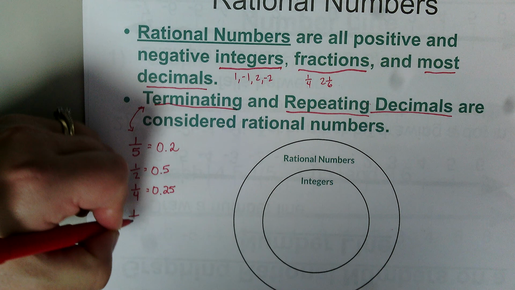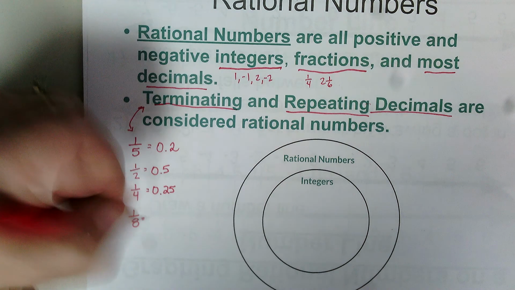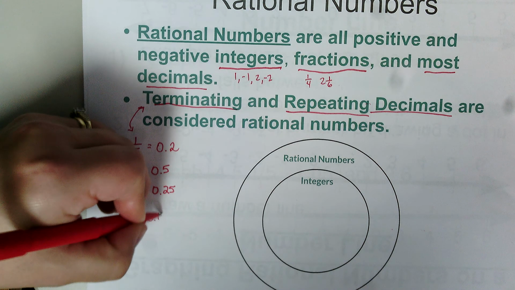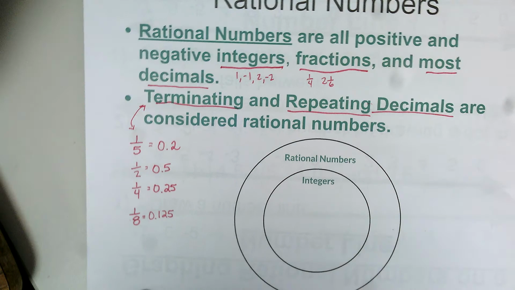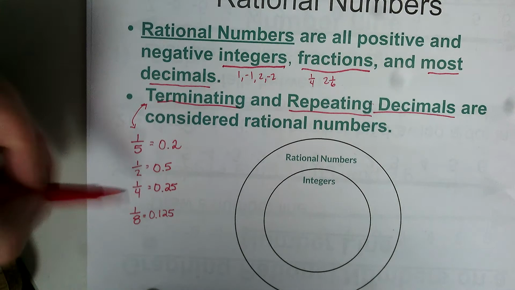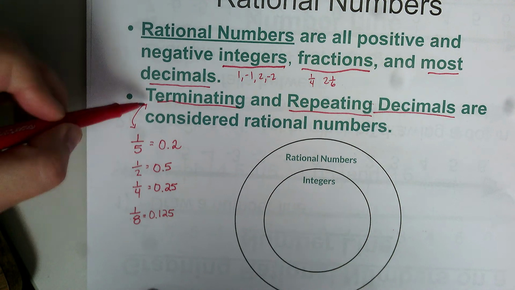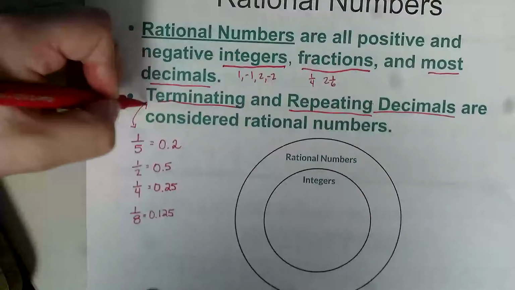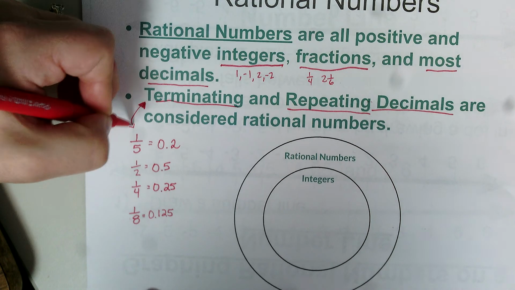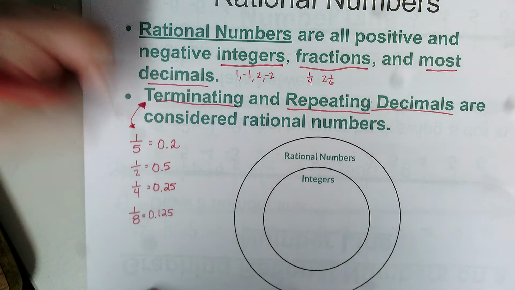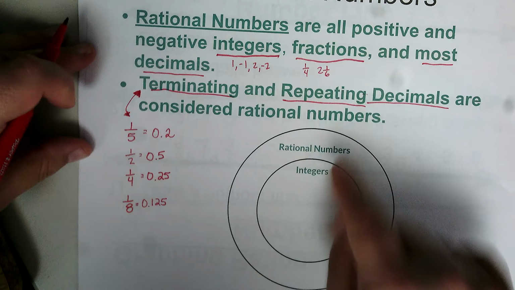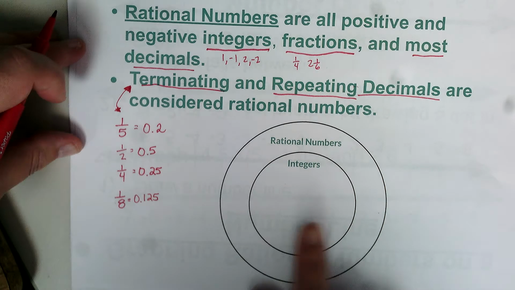1/8 is a terminating decimal because you get 125 thousandths when you divide 1 divided by 8. So those are all considered terminating decimals. Okay. Now, so if that's the case, then let's start looking at our Venn diagram here.